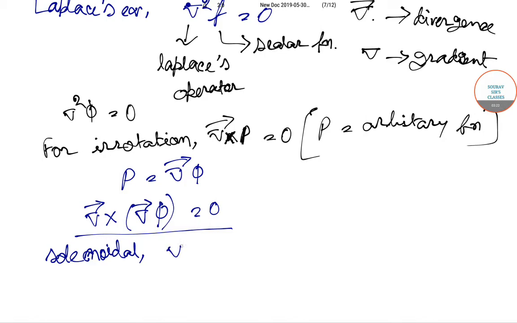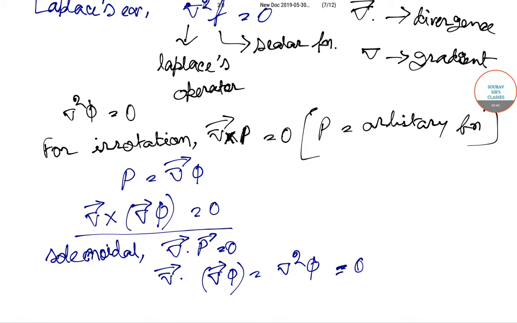divergence of rho equals 0. Here divergence of gradient of phi is equal to del square phi, which is equal to 0, as this is the Laplace's form, the multiplication of the Laplace's operator with the scalar function.